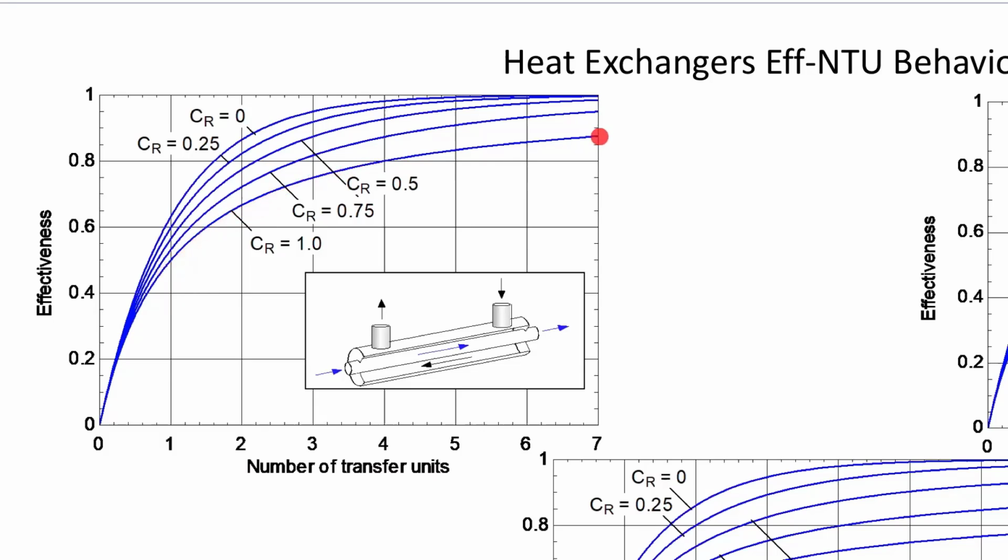Your effectiveness as a function of size is going to be smaller than it would be if it was an unbalanced heat exchanger. And so this is one of the features of the counterflow heat exchanger. But you can see as you get to CR of 0, that's really the only time when you could get a perfectly effective heat exchanger, unless you take NTU all the way out to infinity. But once you go to NTU equals infinity, these all converge to 1.